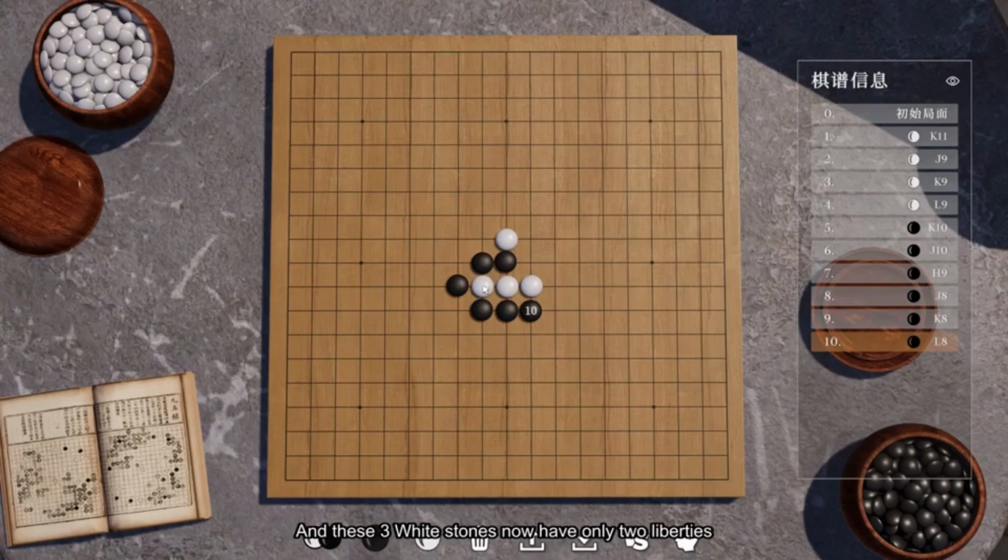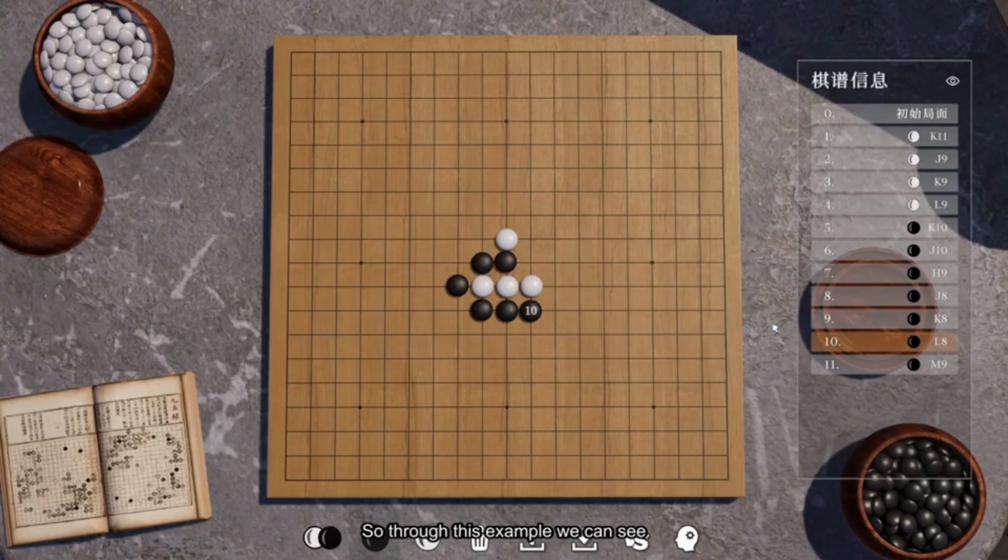And these 3 white stones in a straight line now have only 2 liberties. We can play Atari from this position on the next move. You can also Atari from this position.